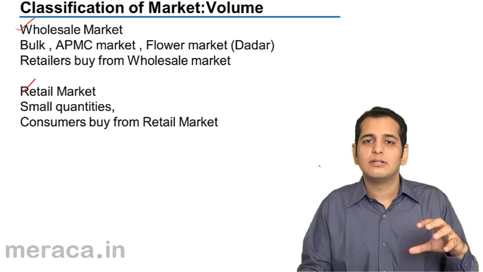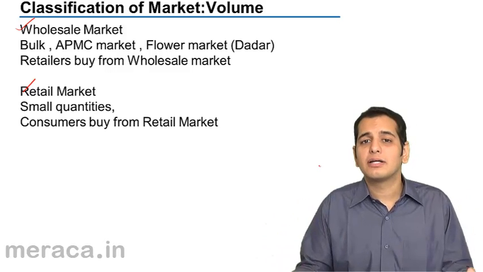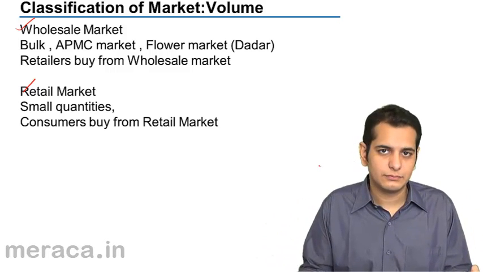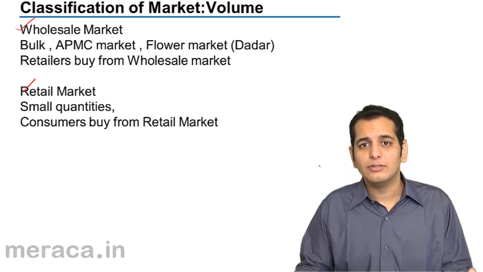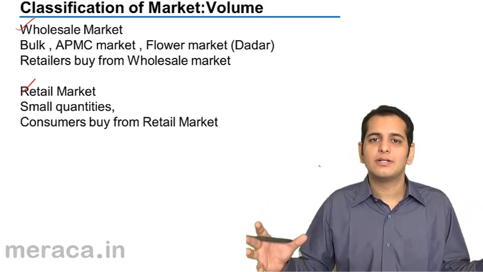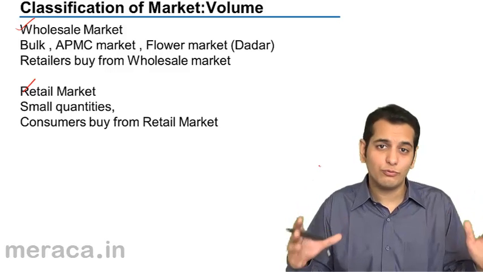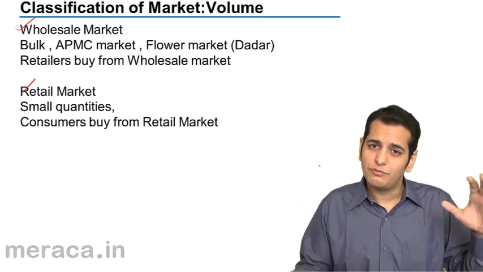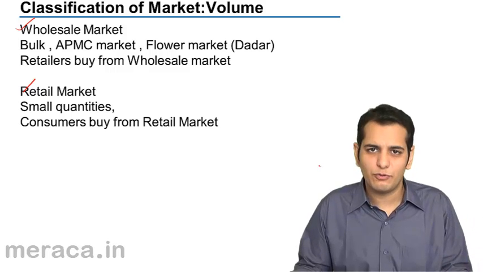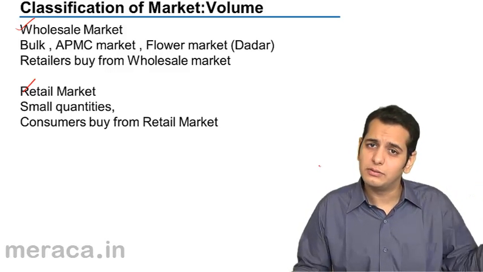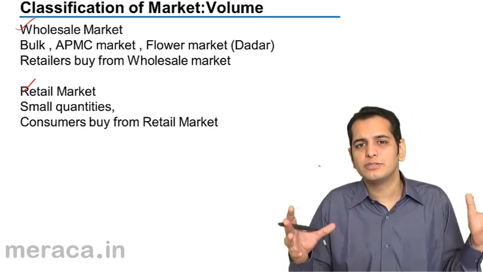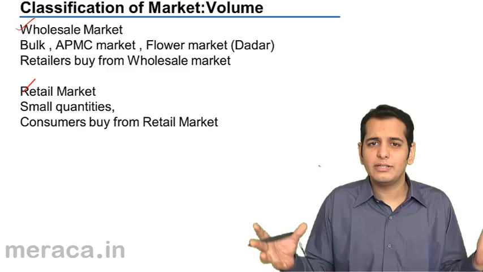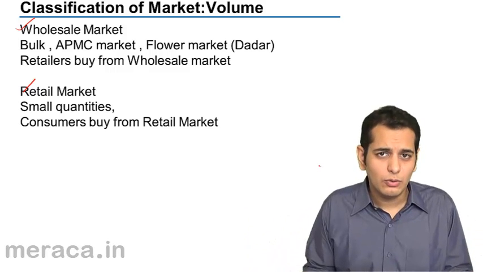Likewise, we have a very big flower market near Dadar. Now, the sale and purchase of flowers in this market is so much that we consider it to be a wholesale market in terms of volume. So the flowers are purchased in wholesale from this market in large quantities, in bulk quantity. So a market wherein you purchase the goods in large quantities, in bulk quantities, becomes a wholesale market.